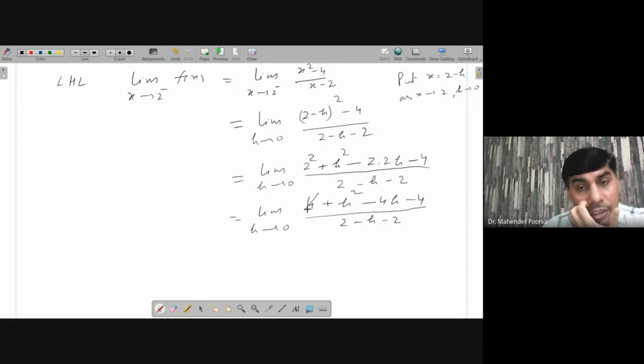In the numerator 4 is cancelled with 4 and in the denominator 2 is cancelled with this minus 2.